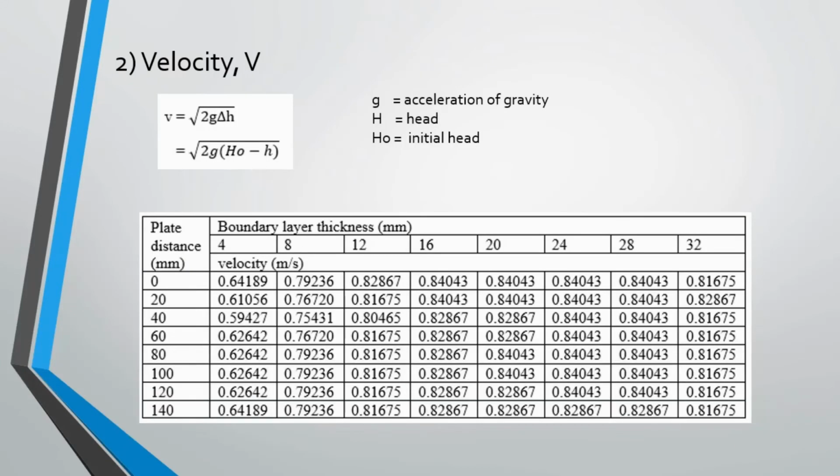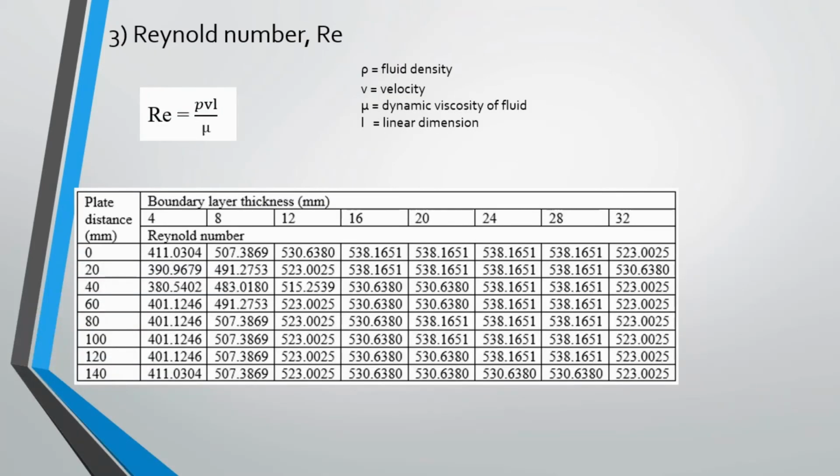The data from the head measured table will be used to calculate the velocity v by using the formula square root of 2g times delta h. And from the value of velocity that we have calculated, we can compute the Reynolds number by using the formula rho vl over mu.